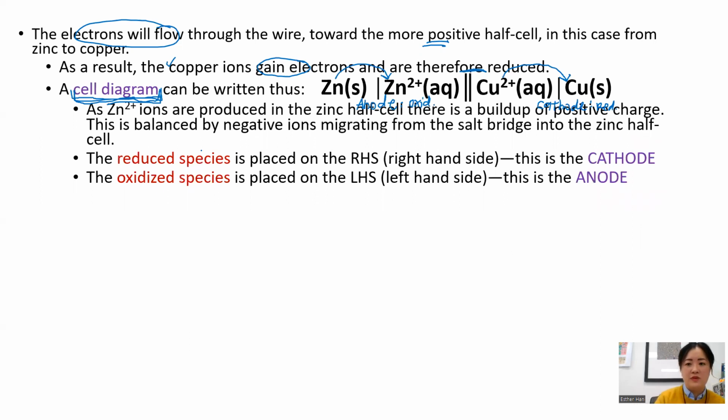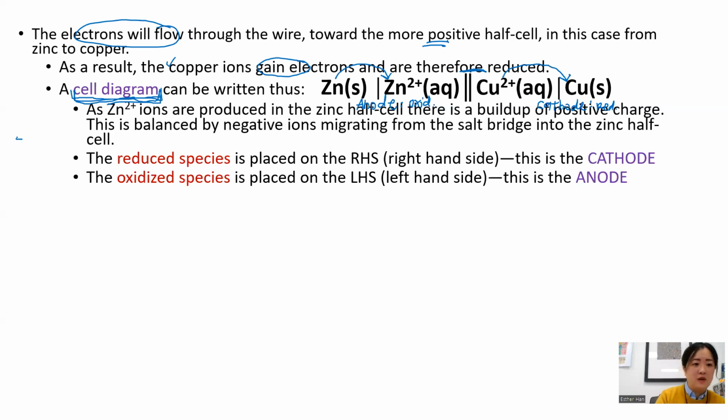We have zinc 2+ ions that are being made inside our anode, our zinc half cell. And then over on the other end, we have copper 2+ turning into copper, right? And take note as well, as you are turning solid zinc into zinc 2+, as our oxidation is occurring, we're getting a lot of positive charges building up in our solution.